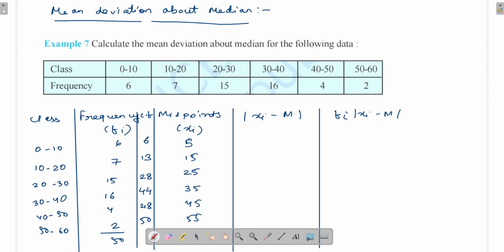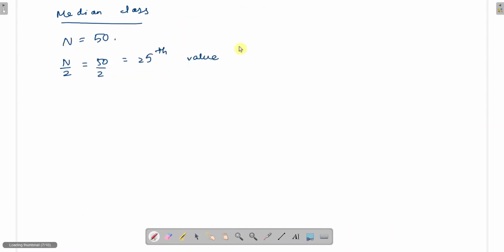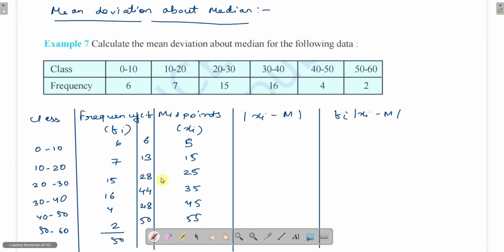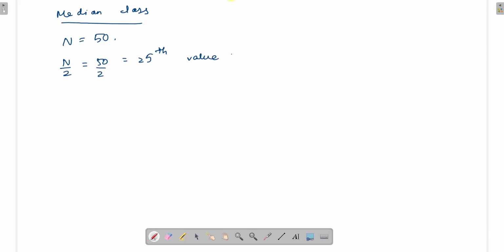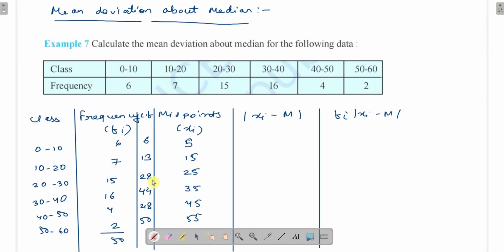Since we are getting the 25th value, you can see that the 25th value is between 13 and 28. So we have to take the number which is equal to or greater than the number we got by dividing N, that is 25. The cumulative frequency required here is 28.